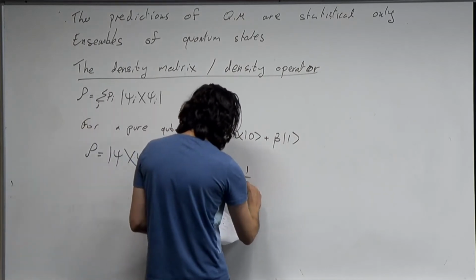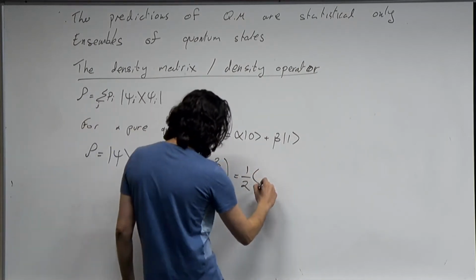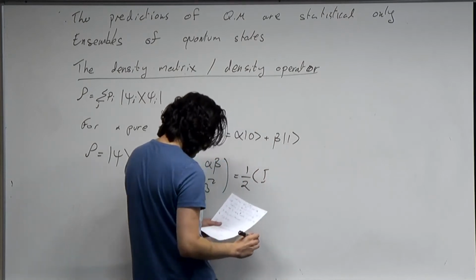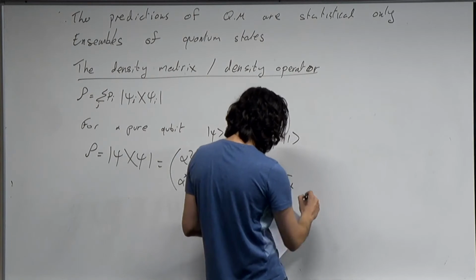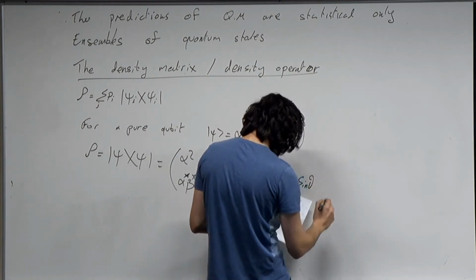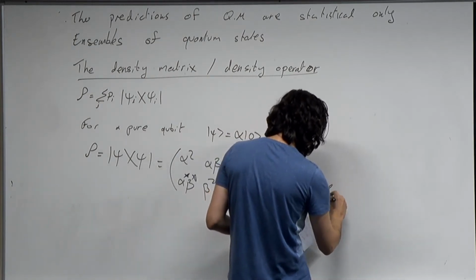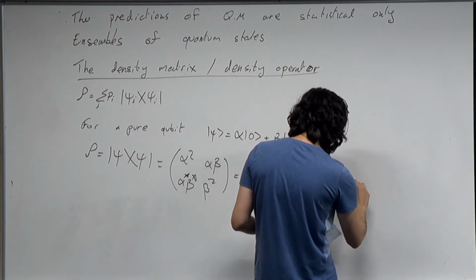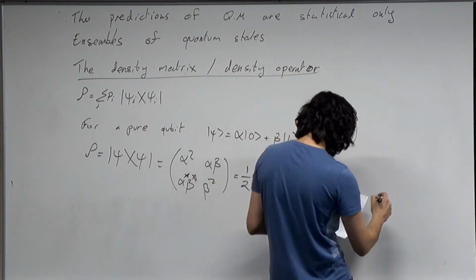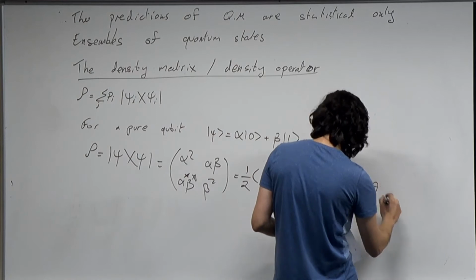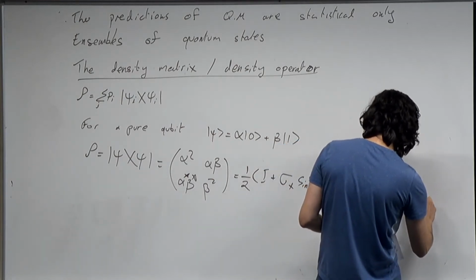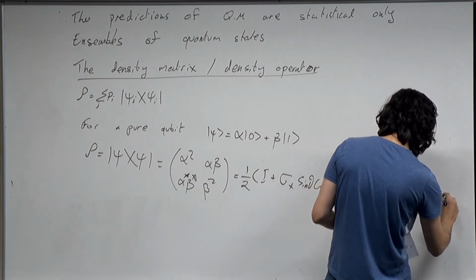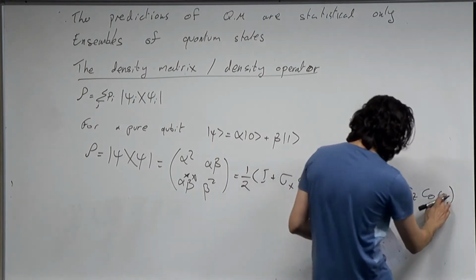And if you want to parameterize it like we did on the Bloch sphere, it will be basically one half of the identity I plus sigma x, your Pauli operator, times sine theta cosine phi, plus sigma y times sine theta sine phi, plus sigma z times cosine theta.